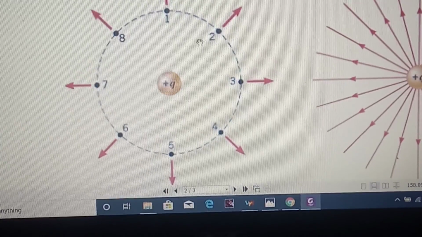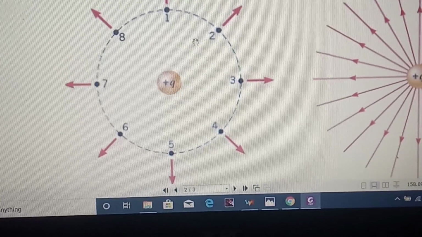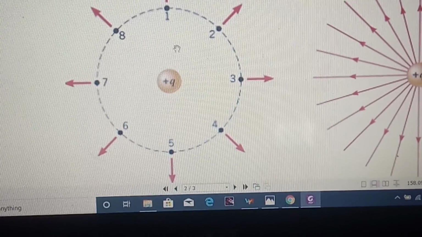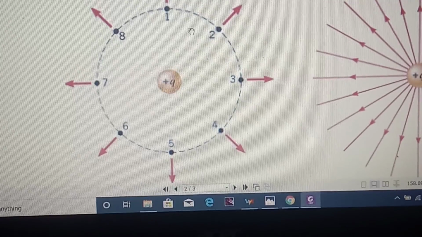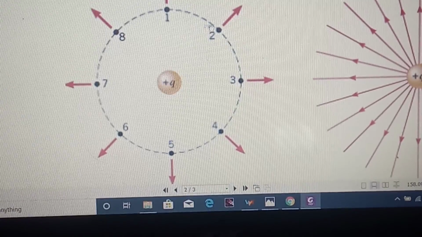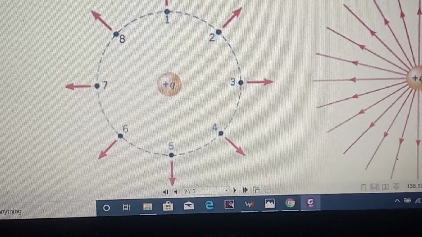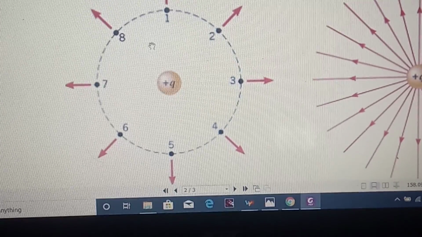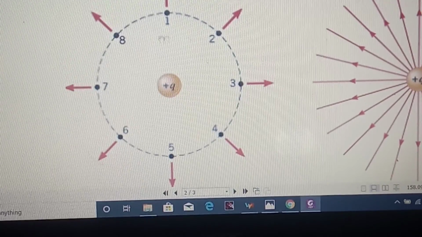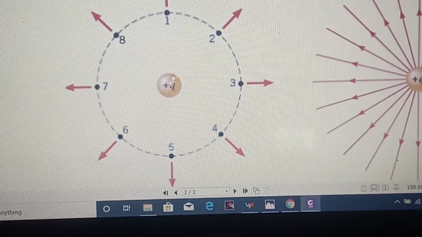If we take a test charge here, then it will be repelled by this source charge, because we already know the test charge should be small and positive, because the test charge should not disturb the electric field of the source charge, or you can say the configuration of the source charge. So this is the region where you can feel the presence of the electric field due to this source charge plus Q.